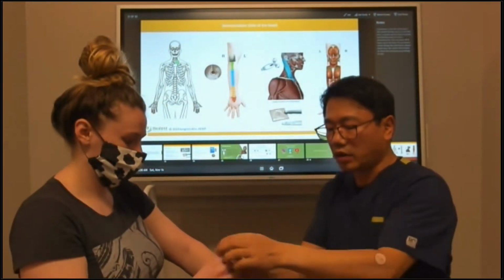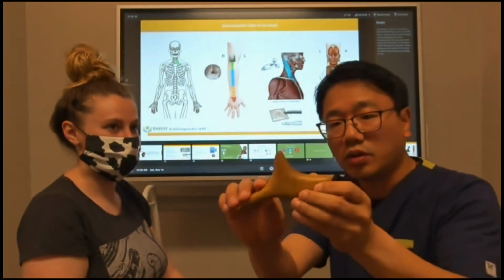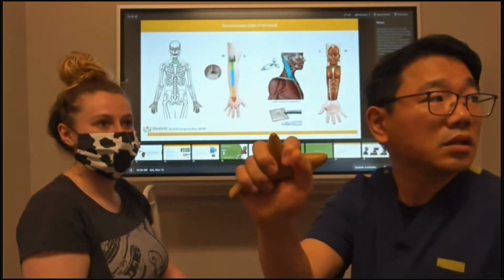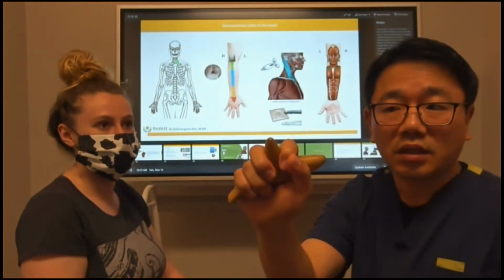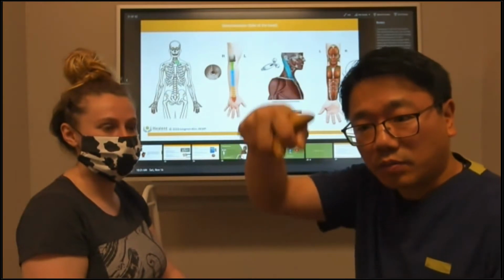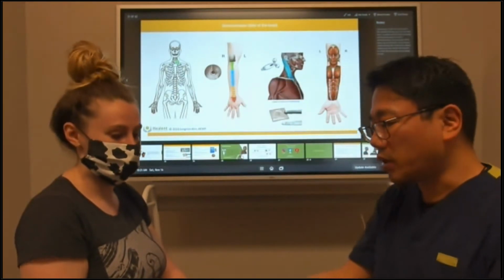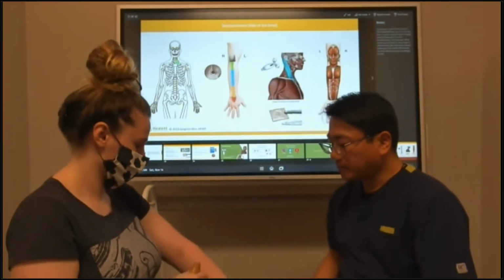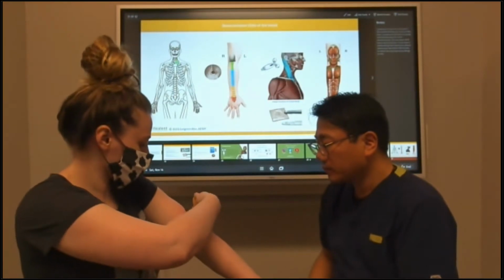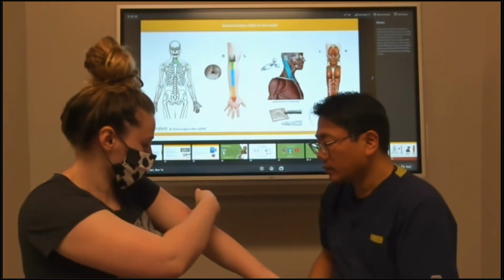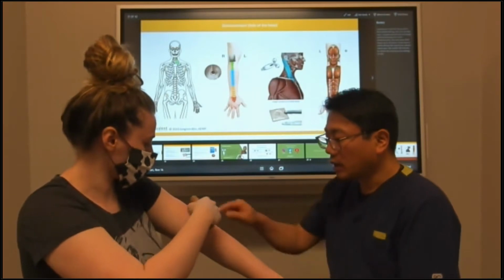Yes, right here. So you can use this like this, hold it like this, then apply the pressure perpendicular.